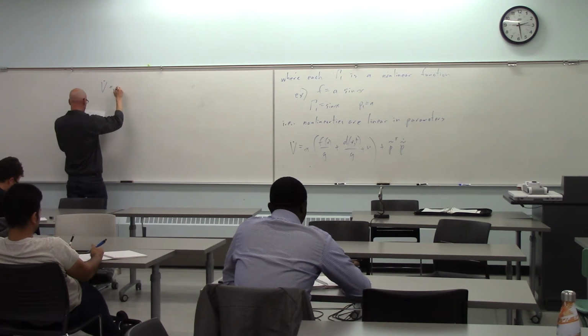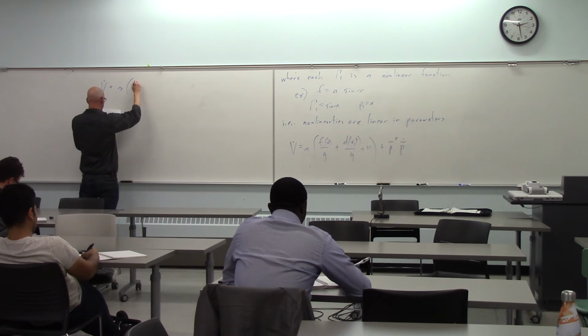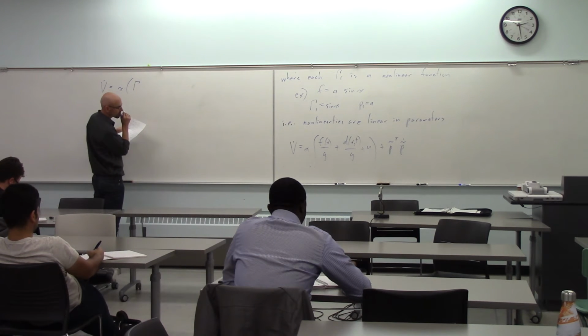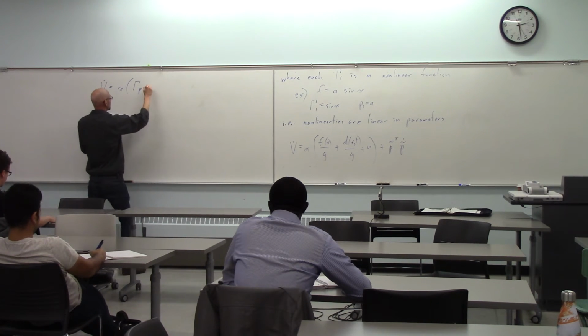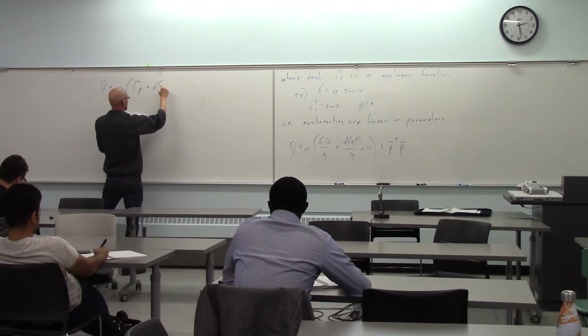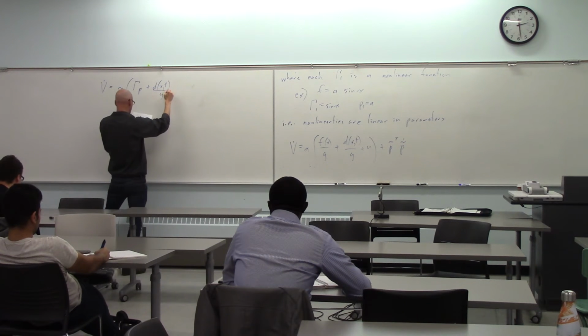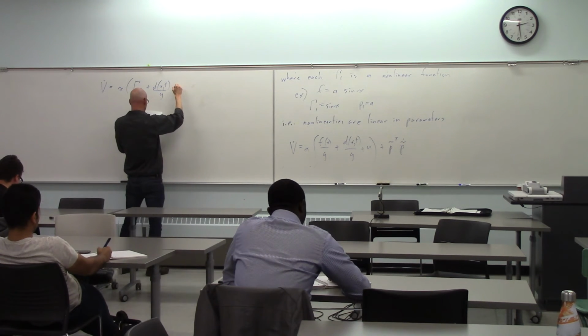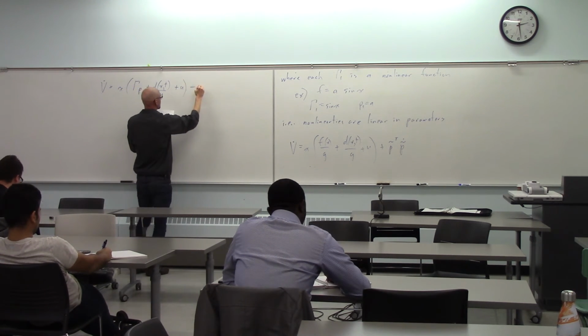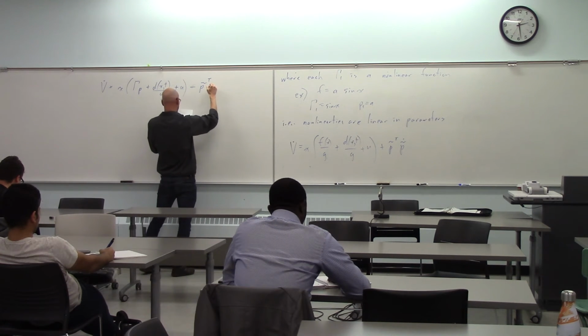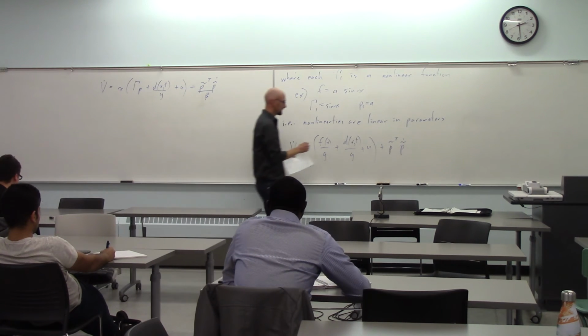V dot is equal to x gamma p plus d of x and t over g plus u minus p tilde transpose p hat dot. Oops, I forgot my beta over here.